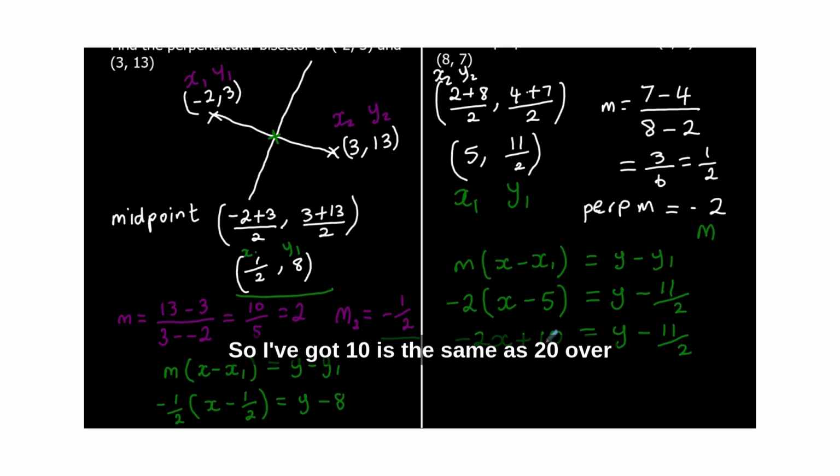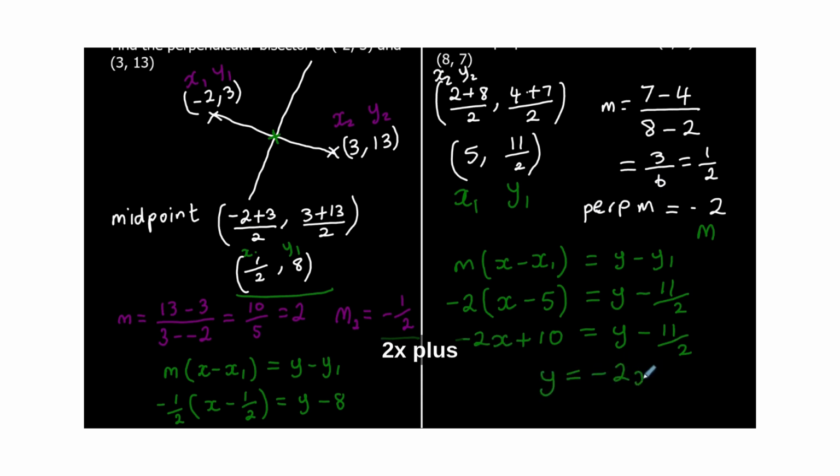So 10 is the same as 20 over 2. So 20 over 2 plus 11 over 2 will be 31 over 2. So y equals minus 2x plus 31 over 2, or 15.5. So 10 plus 5.5 is 15.5.